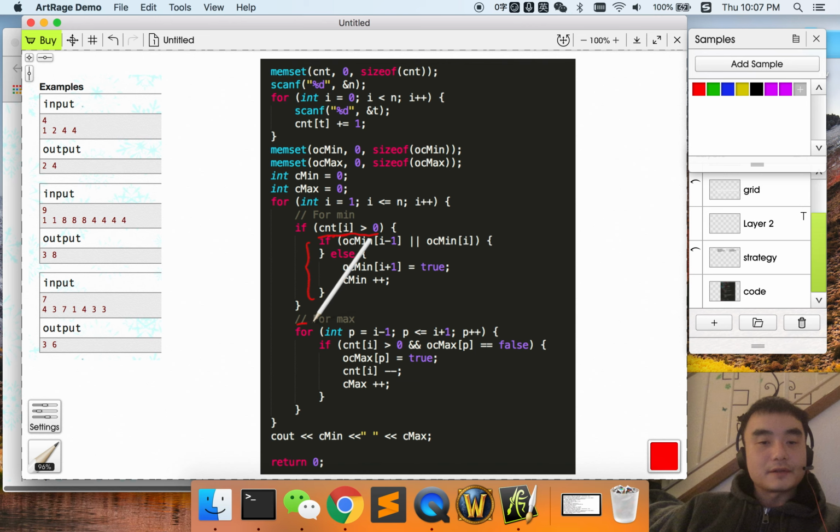And also for the maximum number of occupied houses, we check all those three strategies. And before we apply each of the strategies, we need to check if we still have a person to place. If we don't have any person to place anymore, we cannot apply the next strategy, right?